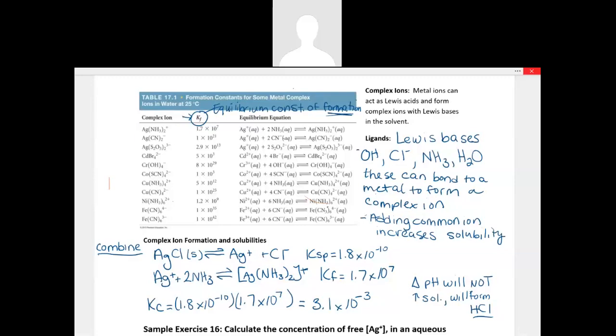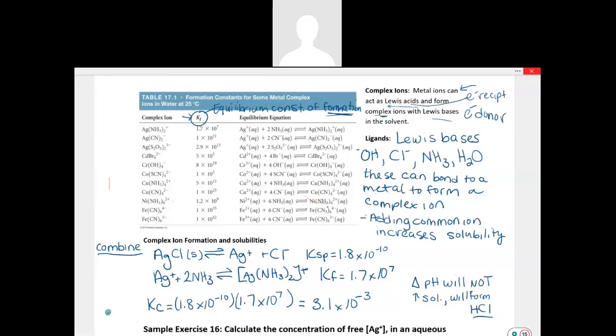So what happens is a metal ion, a cation, which has lost some electrons, can act as a Lewis acid. It is electron deficient, so it can form a complex ion with a Lewis base, which, if you recall from their definition, is an electron donor, and then this would be an electron recipient.